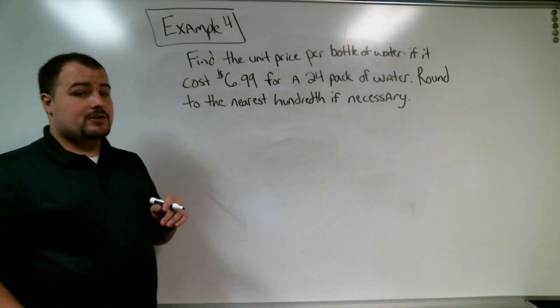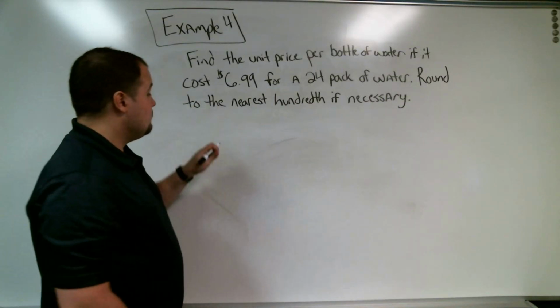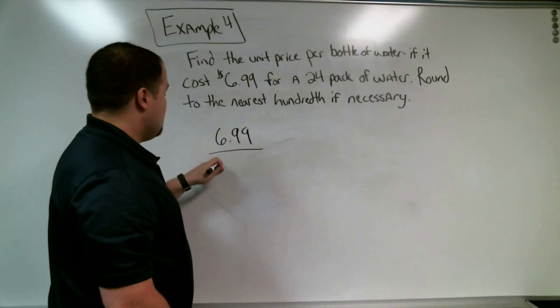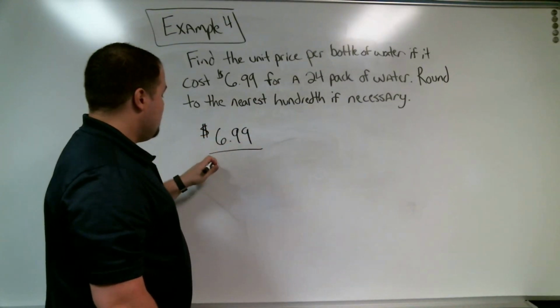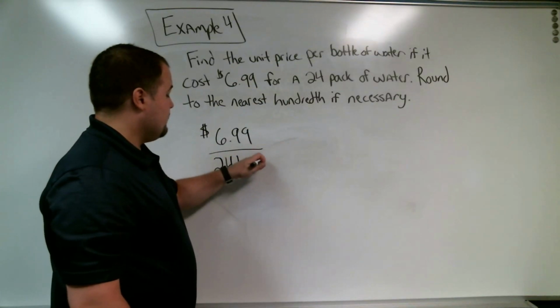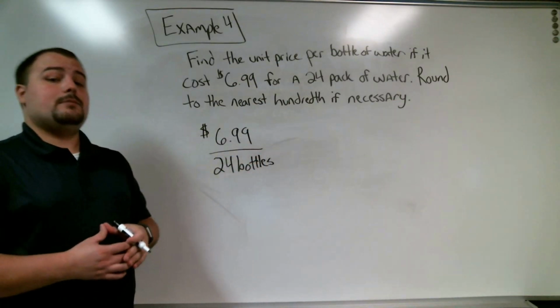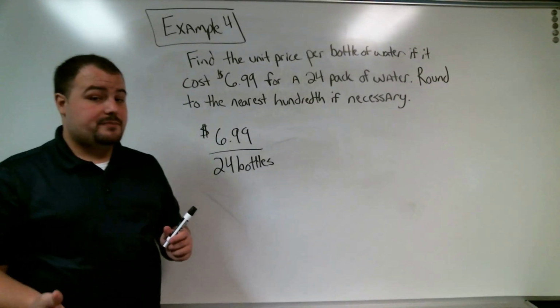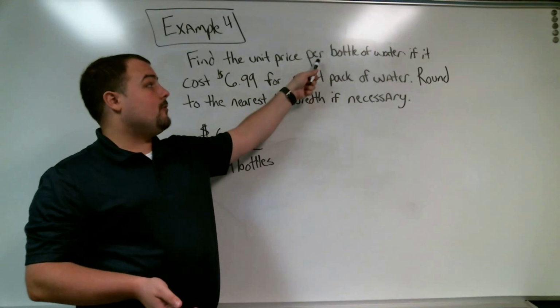So what I'm going to do first is I'm going to write my rate. $6.99 for 24 bottles. I know that's the price for 24. Again, they want us to figure out what is the price per bottle. I see per bottle.